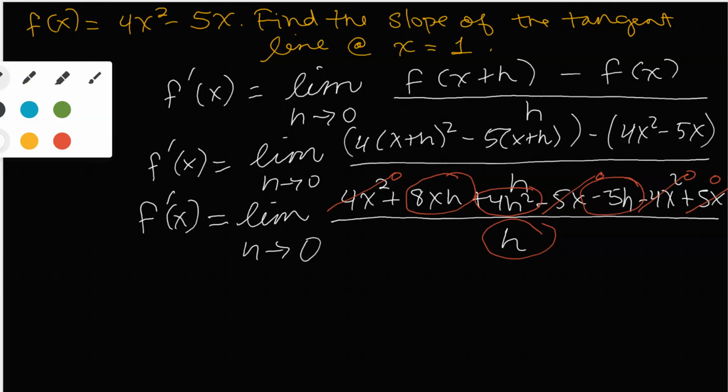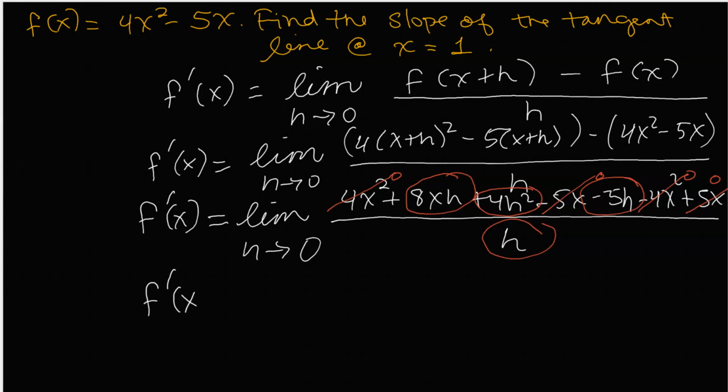So the derivative function in terms of x is going to be the limit as h goes to 0 of, actually, I'm going to write that down first before I take the limit. What is this when I divide everything by h? I have 8x plus 4h minus 5.